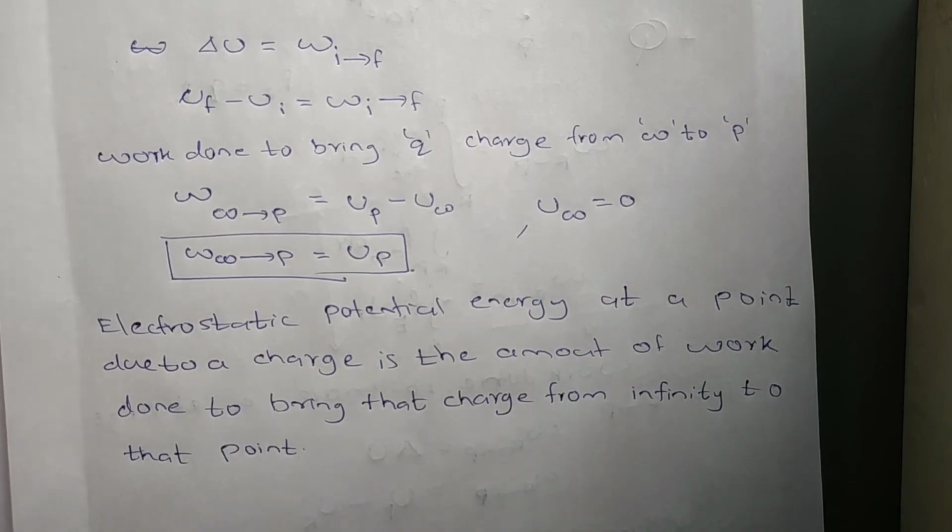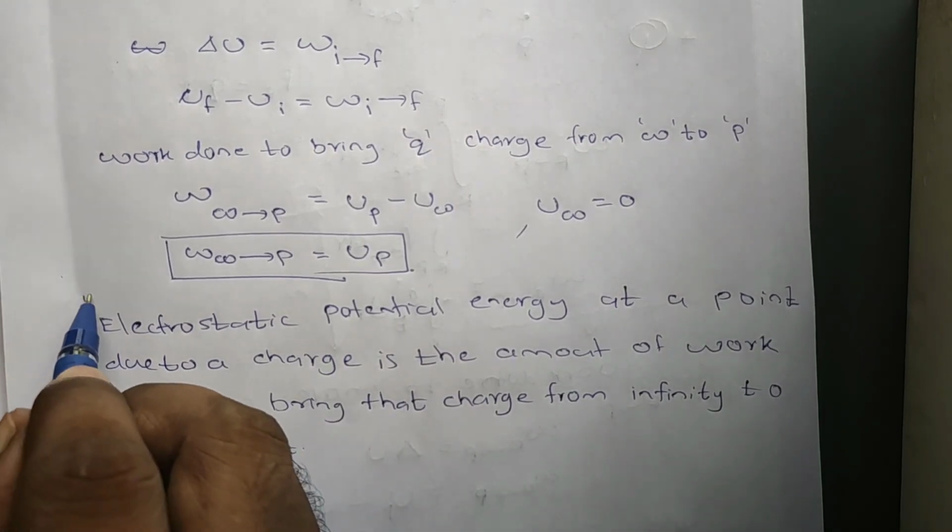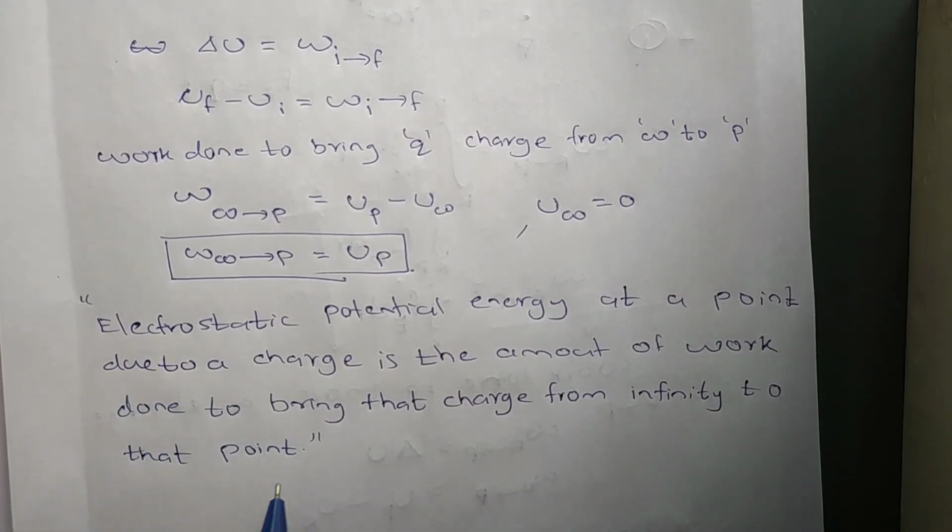This is the definition of electrostatic potential energy at a point. Electrostatic potential energy at a point due to a charge depends upon the charge value.